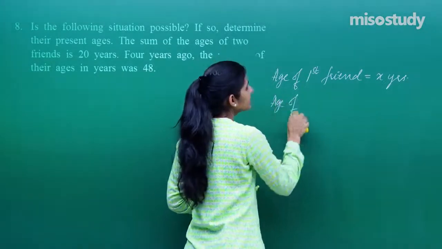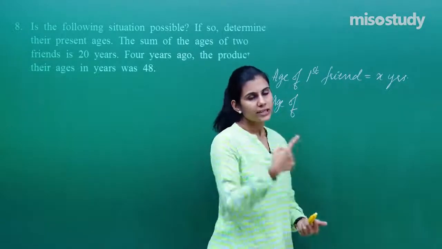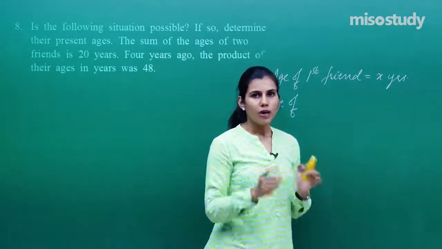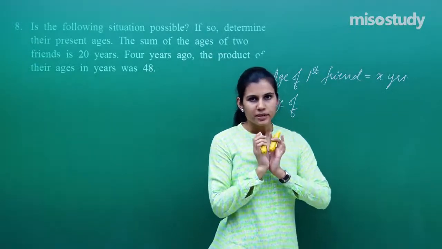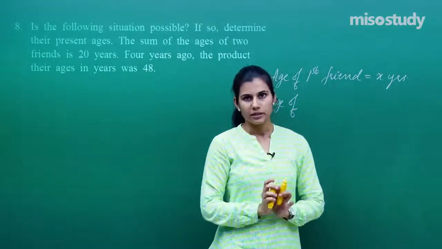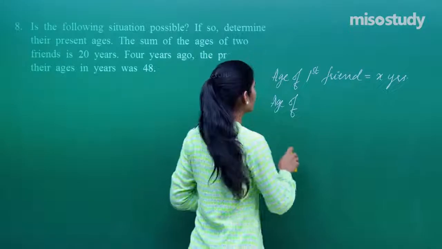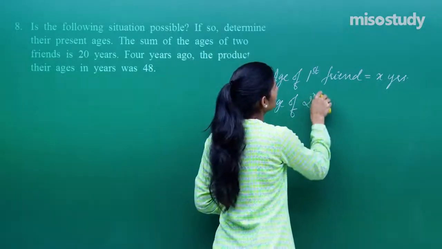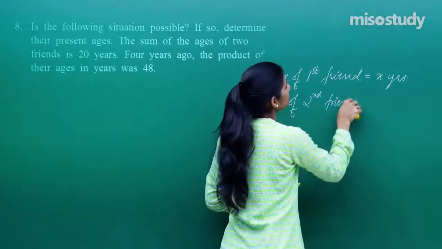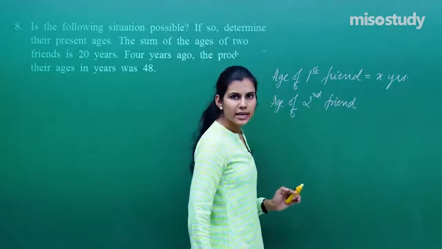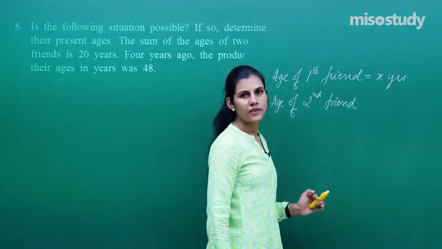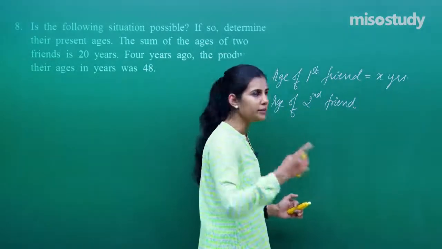I am never interested in incorporating two variables in one situation. I always try to keep the situations involving one single variable, because we have only learned how to solve quadratic equations in one variable. So for the age of the second friend, I will not say let it be y such that x plus y is 20. I will be writing y in terms of x only. y in that case will be 20 minus x.